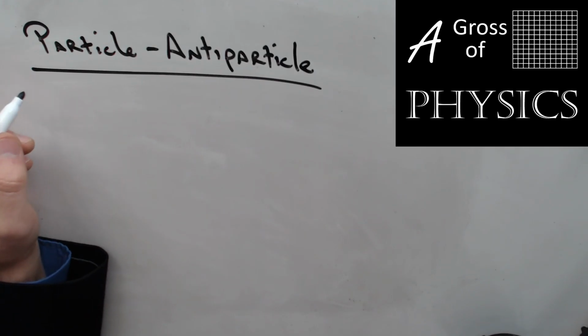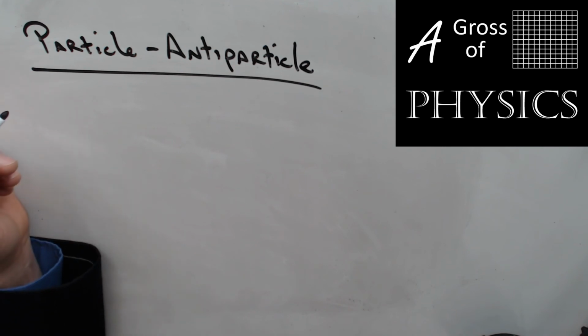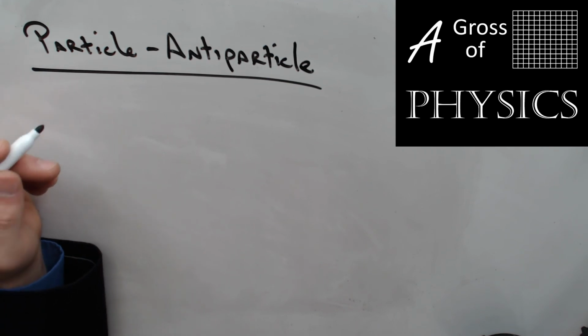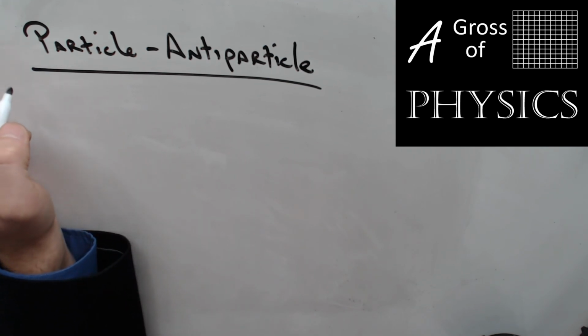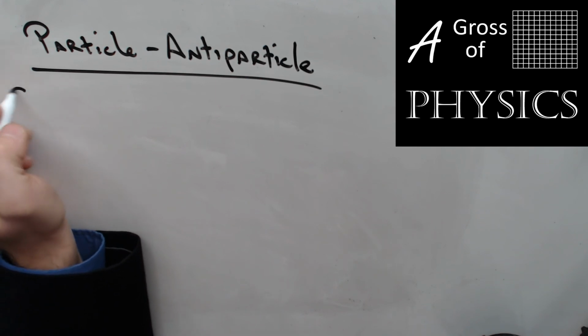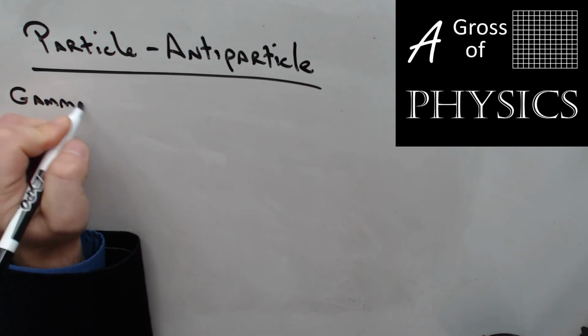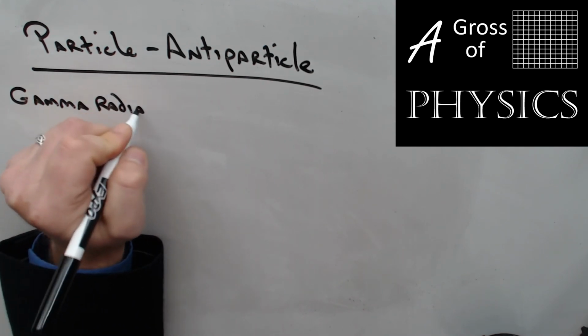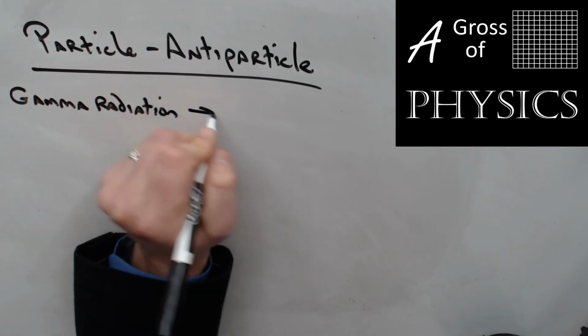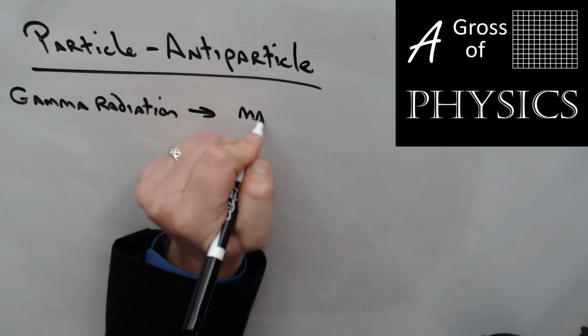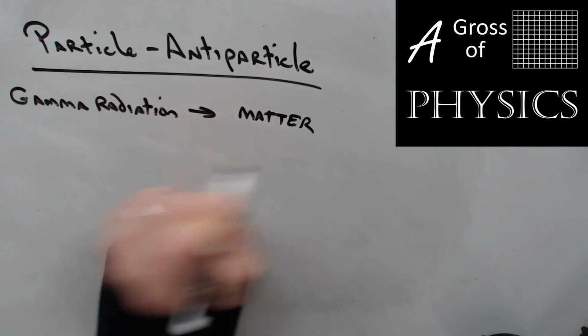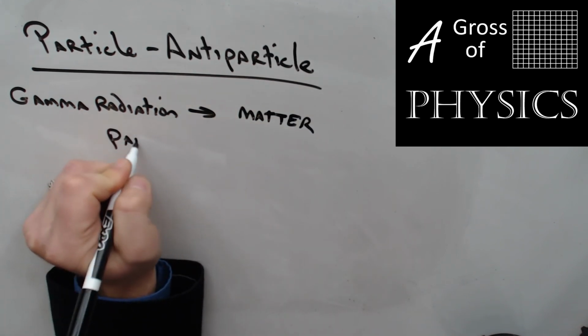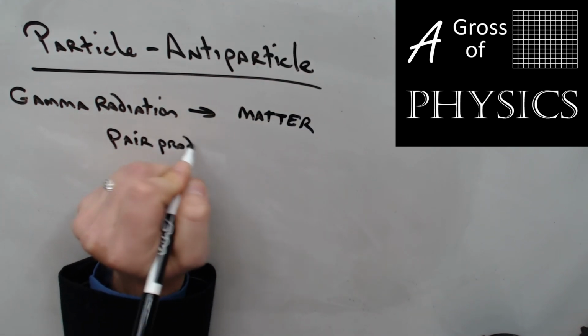All right, when particles and antiparticles interact, we can either create energy or we can create matter from energy. If we go from gamma radiation to creating matter, we call it pair production.